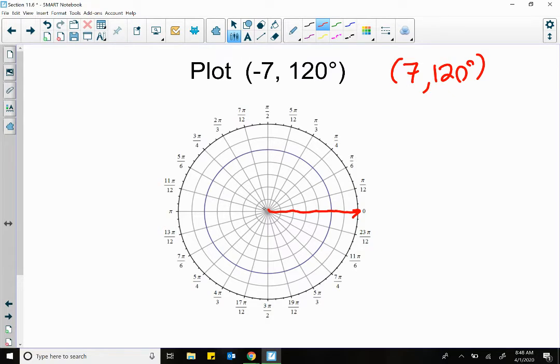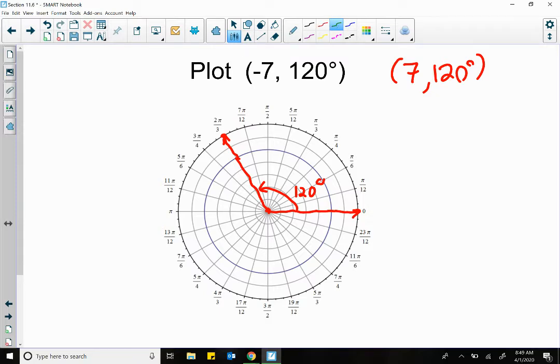So my graph will end right there because this angle right there is 120 degrees. And actually, it should have been stretched all the way out to 7. I shouldn't have stopped it there. It actually ends right there. So that's what 7 comma 120 looks like.